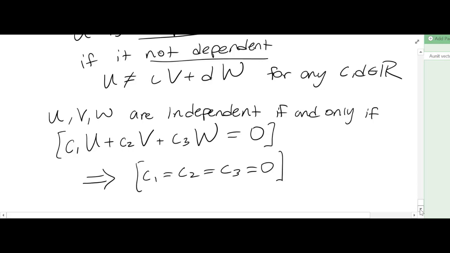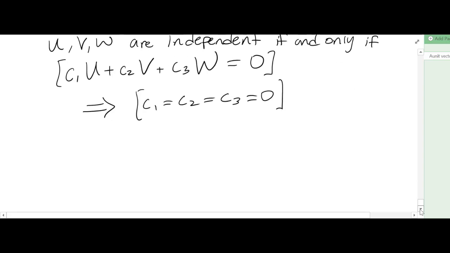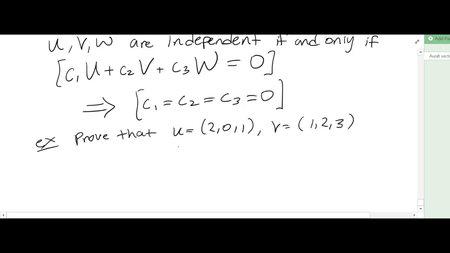So let's do an example where we prove that some vectors are dependent. Let's say U is this vector, V is that vector, and W is this vector. So let's prove that these guys are, let's say, dependent. That's probably easier to start with.